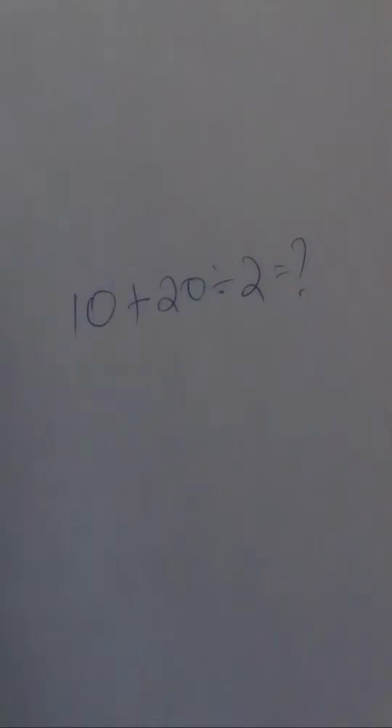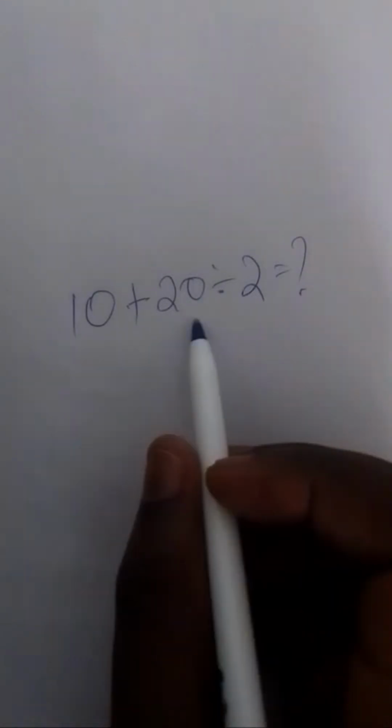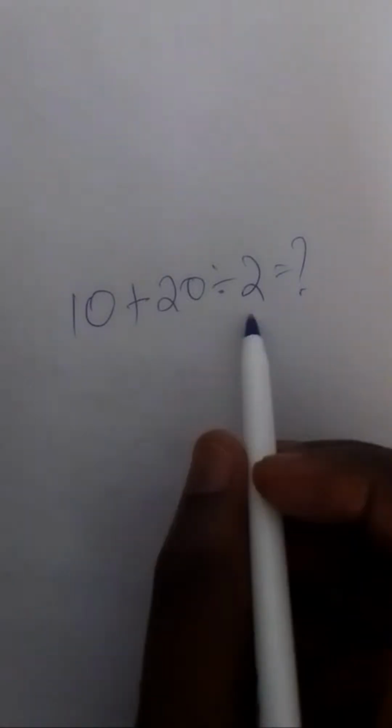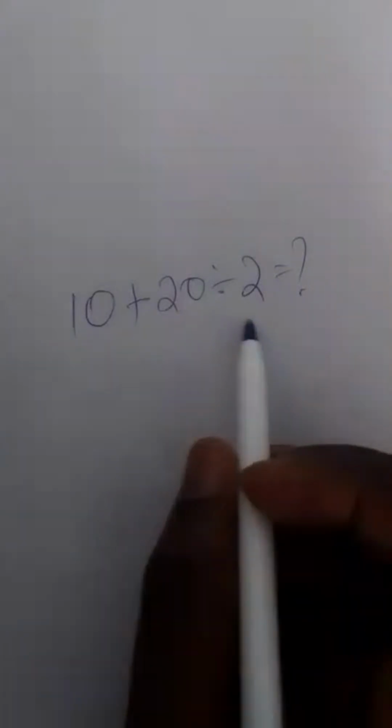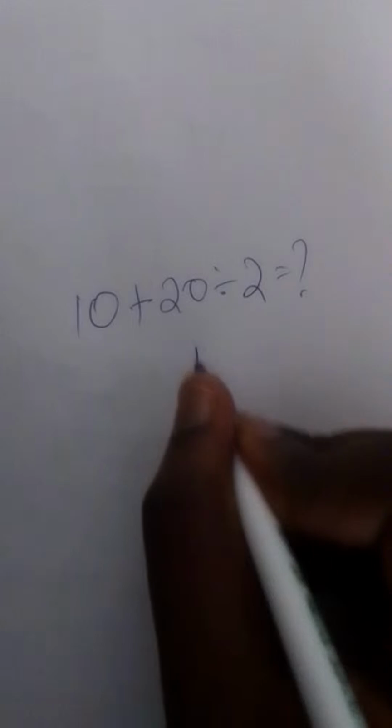We are going to start with the division. Working out the division, we get 20 divided by 2, and 20 divided by 2 is 10.